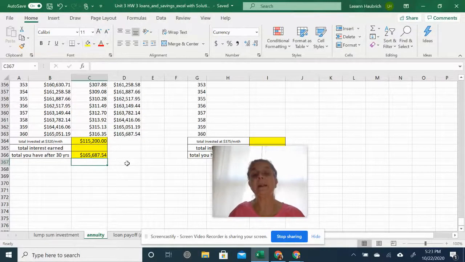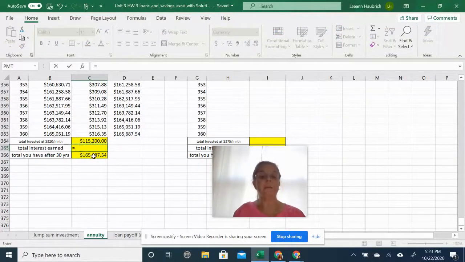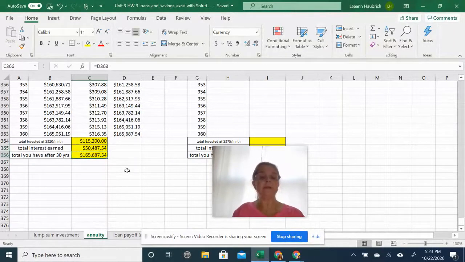Now, if I want to find out how much interest I earned on this account, the interest is going to be the final amount minus all of the money that I invested over the 30 years, which would be the $115,200. So on this investment, I made $50,487.54 in interest.